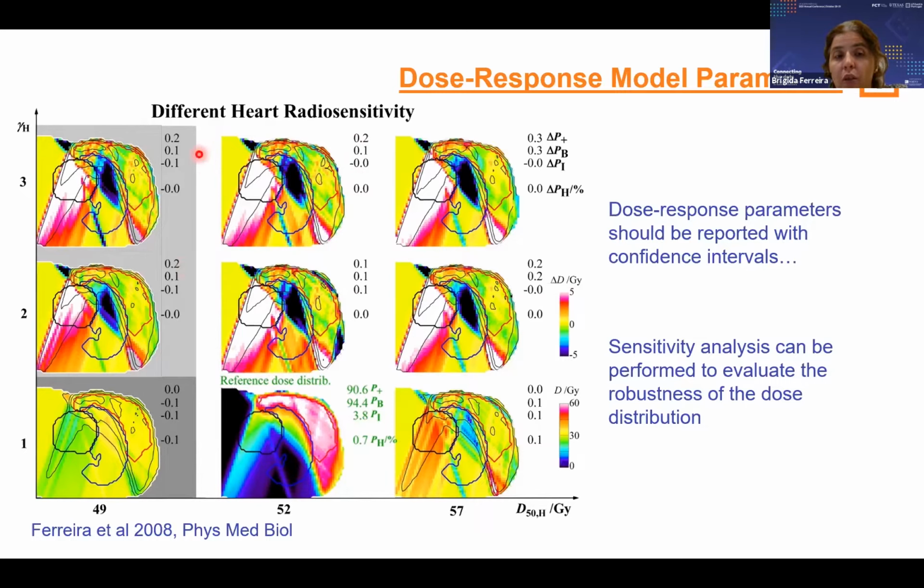So you see that this value shows you the difference between what you will get if you treat the patient with this dose distribution or with the optimal dose distribution if you knew its radiosensitivity. So this is a sensitivity analysis that I did. So of course we can do this in the research environment. Of course you cannot do this clinically.